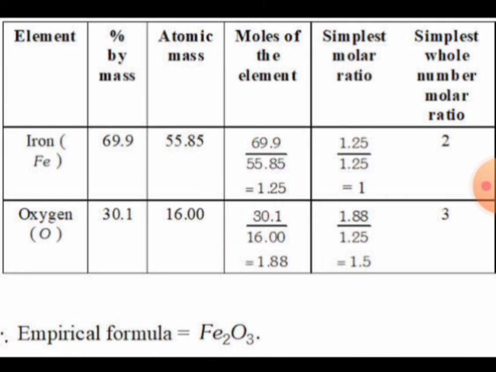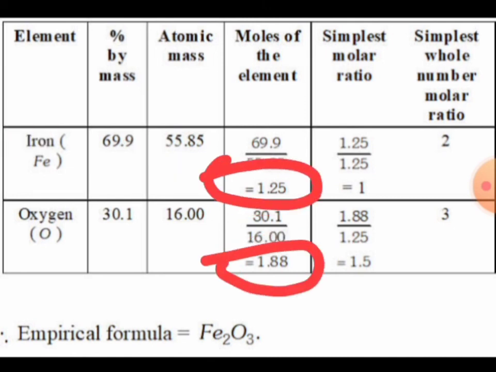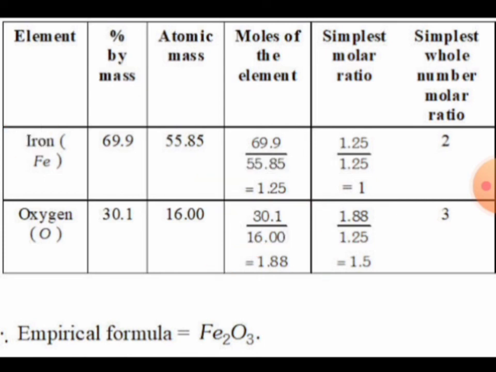What I have to do is, both these values I have to divide with 1.25. When I do that, for example, 1.25 divided by 1.25, I got 1, no problem. But when I divide 1.88 with 1.25, I got a fraction value, that is 1.5. Now in this case, we get the simplest whole number molar ratio by multiplying with 2. 1 into 2 is equal to 2 and 1.5 into 2 is equal to 3.